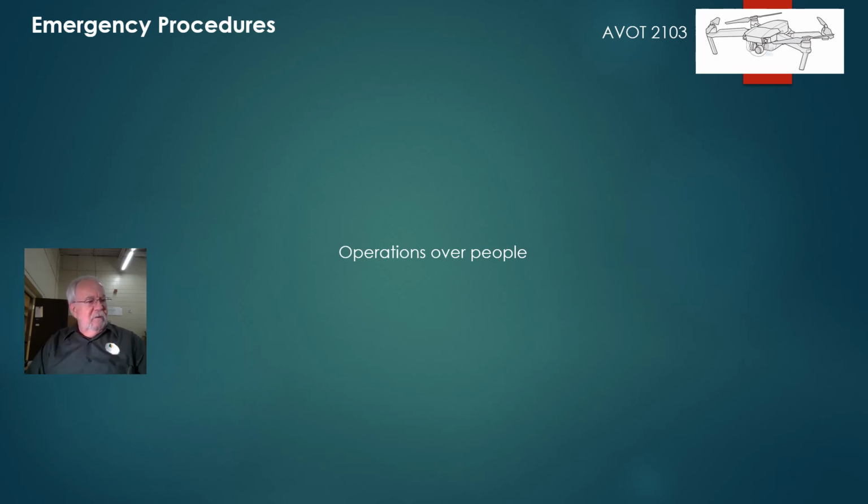Operations over people. We have talked about that in Launchpad number 1. We pretty extensively talked about that. And on this module, Launchpad 8, there is a reference document from the FAA called the FAA briefing paper on operations over people, because this is a fairly new regulation. It'd be really helpful if you read that through.